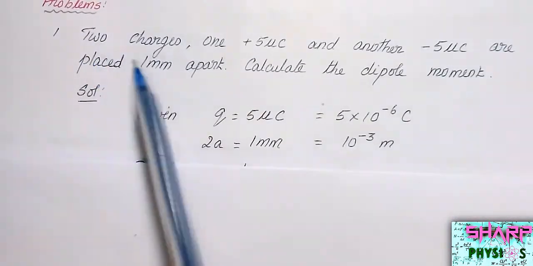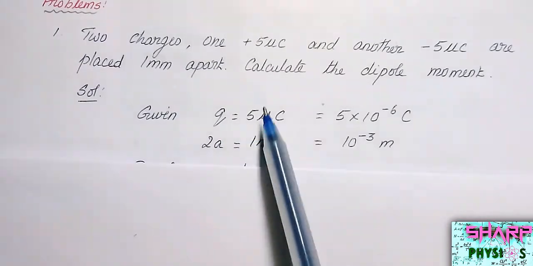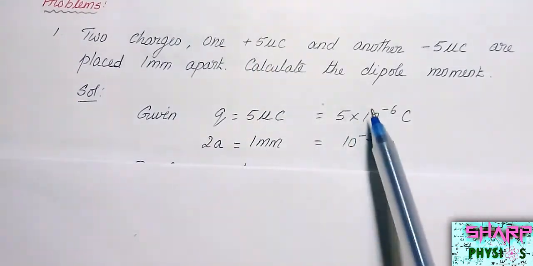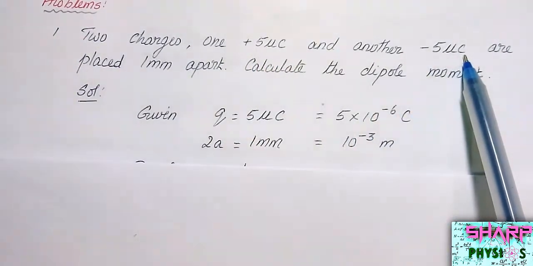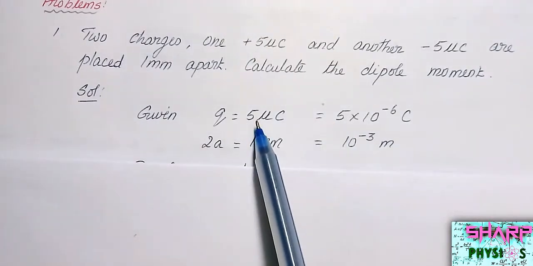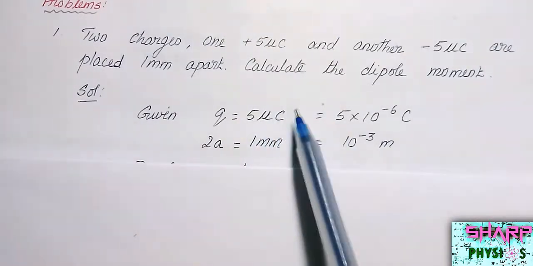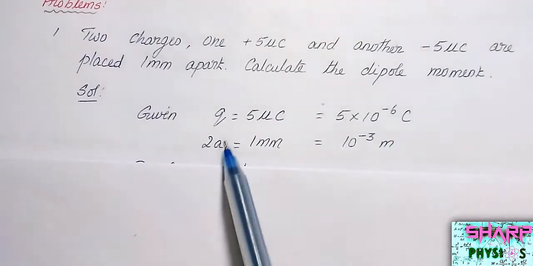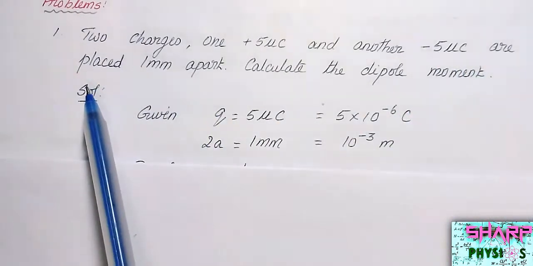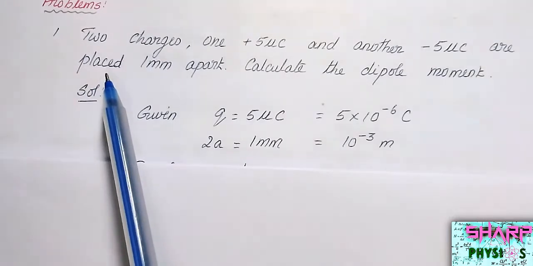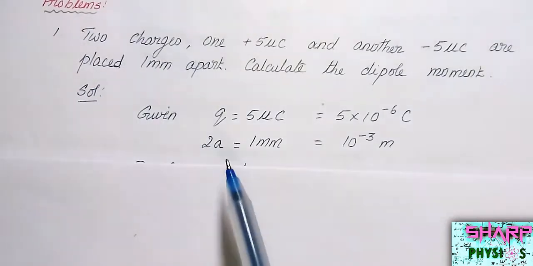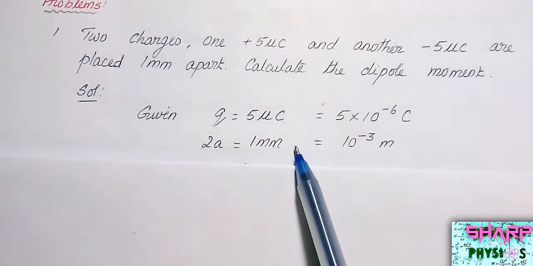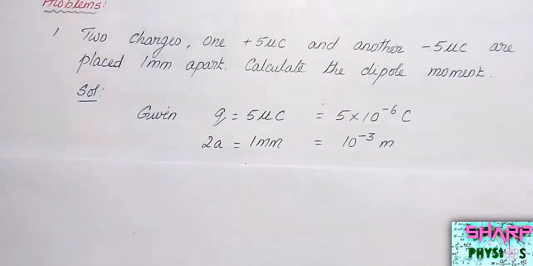So from this problem we have Q equal to plus 5 microcoulomb and minus 5 microcoulomb. So we write it as 5 microcoulomb is equal to 5 into 10 to the power minus 6 coulomb. And it's separated by a distance of 1 millimeter. So 2A is equal to 1 millimeter, which is 10 to the power minus 3 meter.